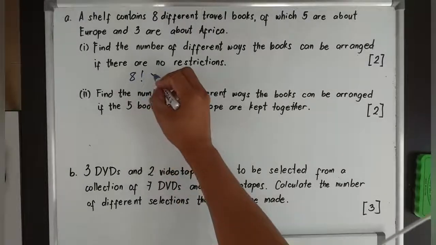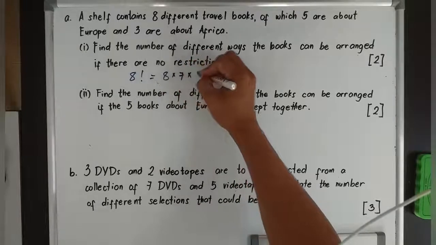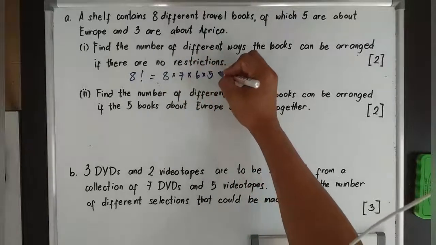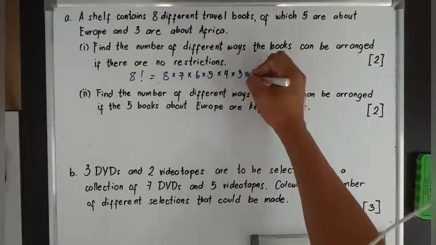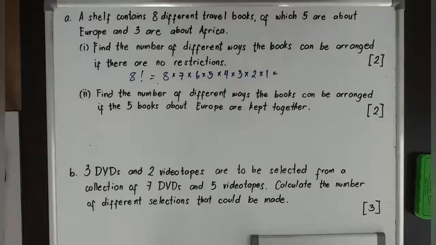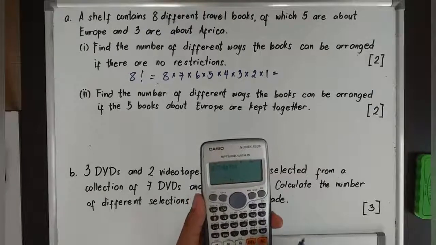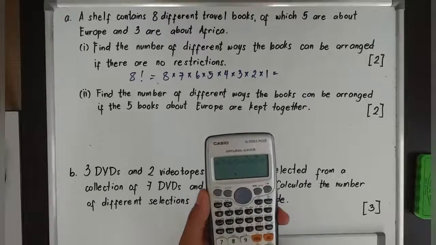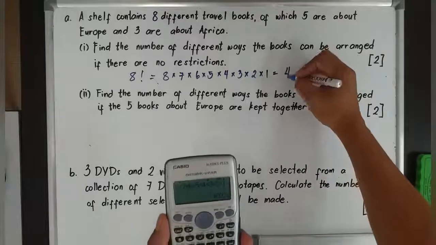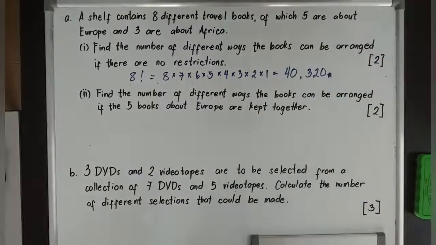And 8 factorial is equivalent to 8 times 7 times 6 times 5 times 4 times 3 times 2 times 1, which, you can use your calculator, you will be getting 40,320. That's how easy. Number 1, you will get 2 marks.